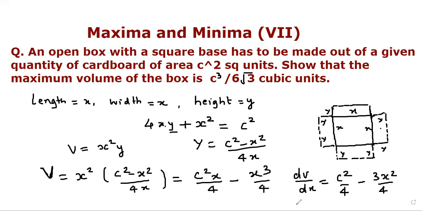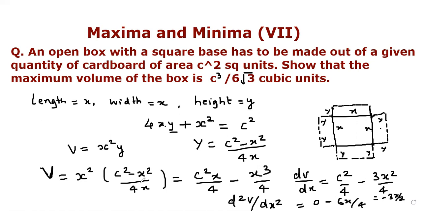We can get the second derivative also. So d2V by dx2 will be equal to 0 minus 6x by 4, that is minus 3x by 2.